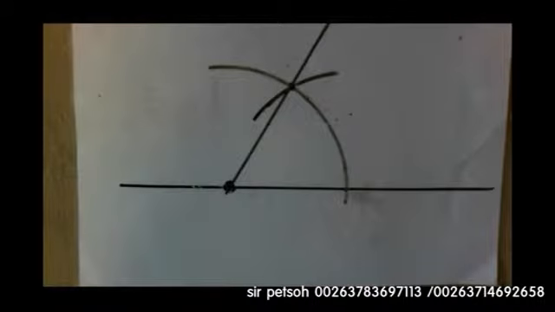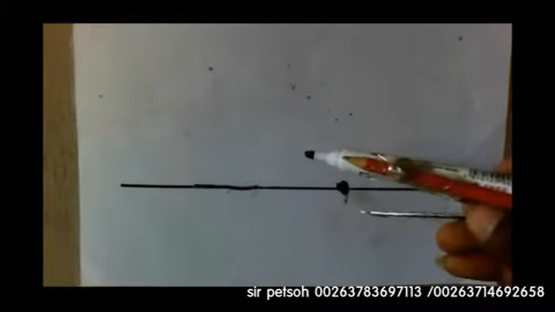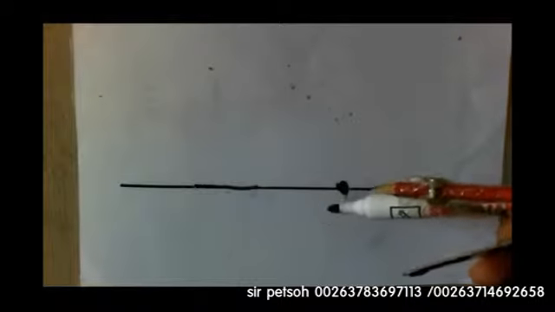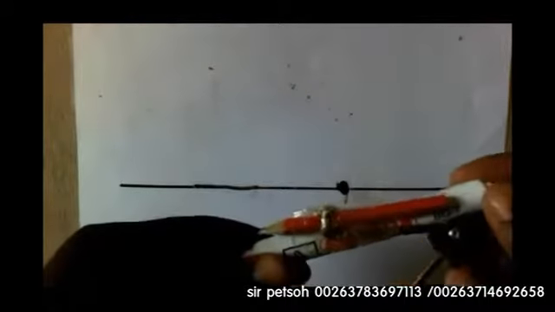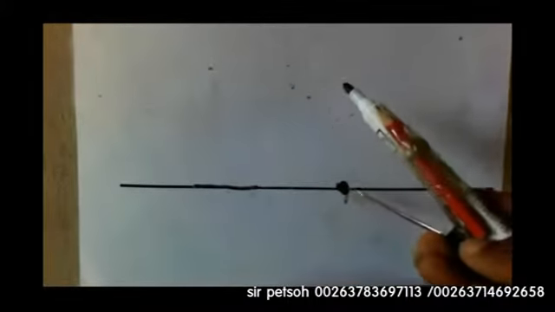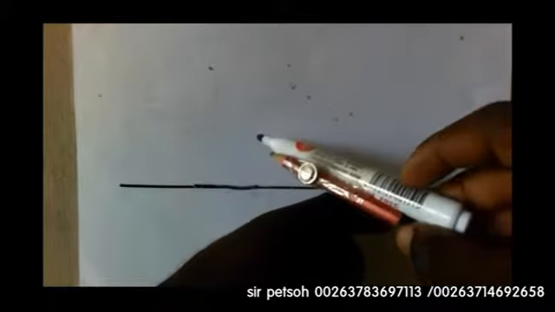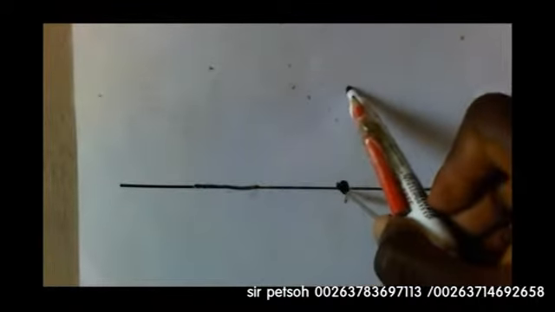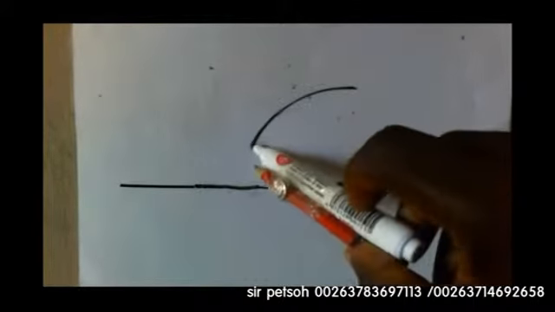Let's construct the 60 degrees to the left side of this point. Open a radius of your choice. Then you come to this point, which will be the origin of 60 degrees. Draw an arc to the left side because you want to construct 60 degrees to the left side.